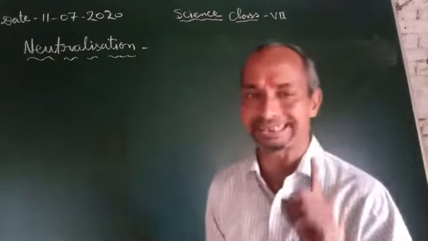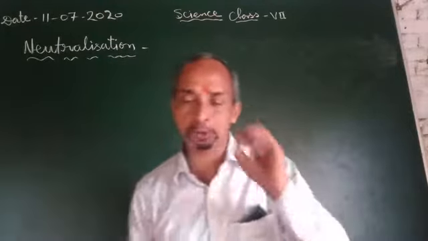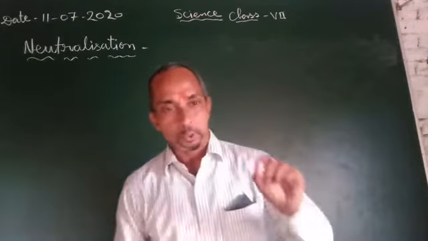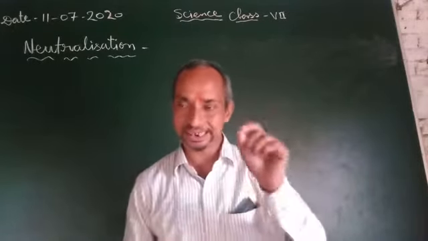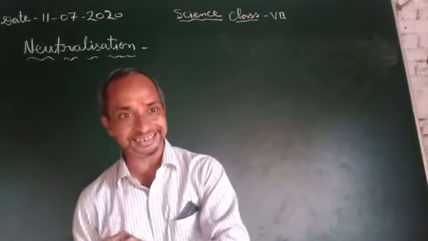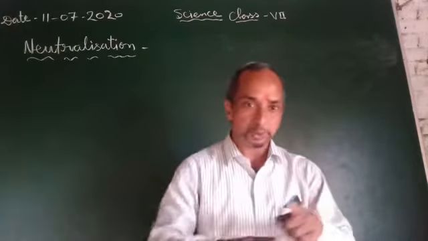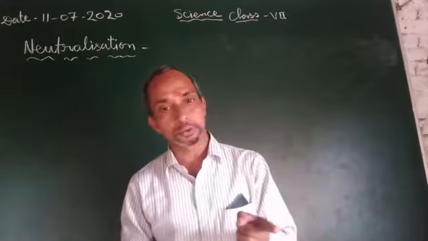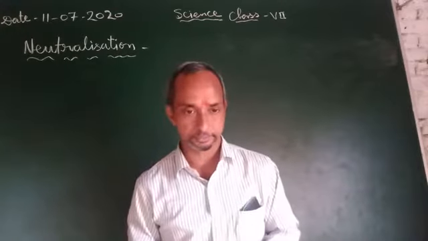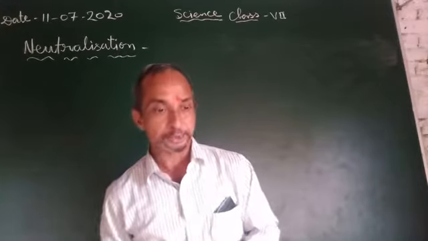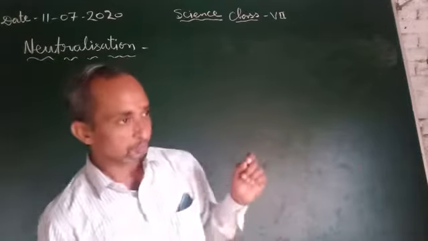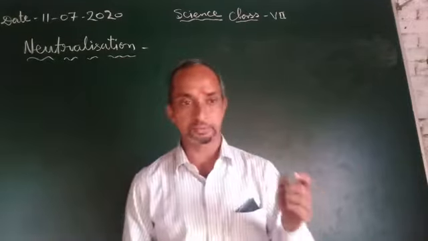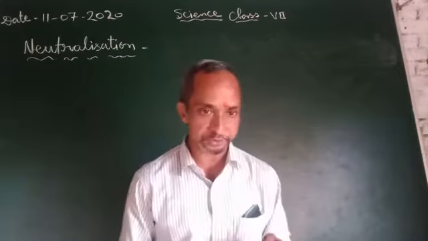What is neutralization? You should know that when an acid is mixed with a base, they neutralize or cancel the effect of each other. As all of you know, acids have a sour taste, bases have a bitter taste and a soapy touch.